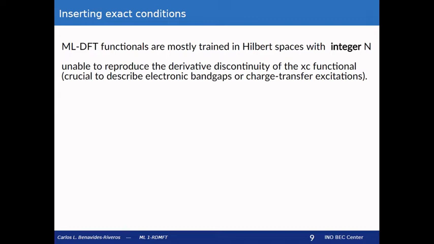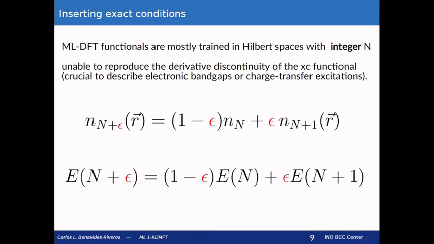And in particular, it is the very famous derivative discontinuity of the exchange correlation functional. And with this derivative discontinuity, you can compute electronic band gaps or charge transfer excitations, just to mention two kinds of things that you can compute with this derivative discontinuity.